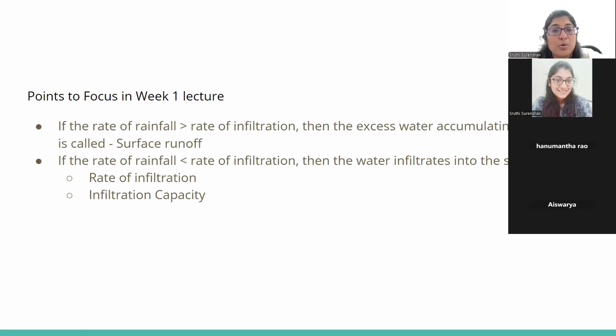The remaining everything is going to go as runoff. In the same case, if the rate of rainfall is less than the rate of infiltration, then all of the water is going to be taken up by the soil. So the link between the rate of rainfall, intensity of rainfall, and rate of infiltration is very important. Similarly, what is the difference between rate of infiltration and infiltration capacity is another thing that you can focus on.